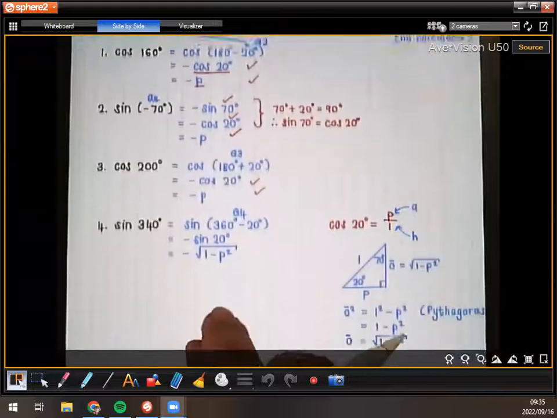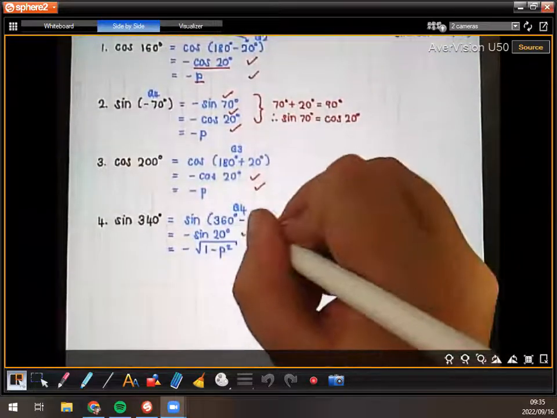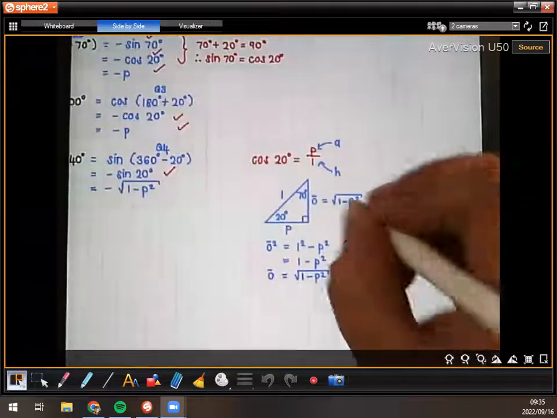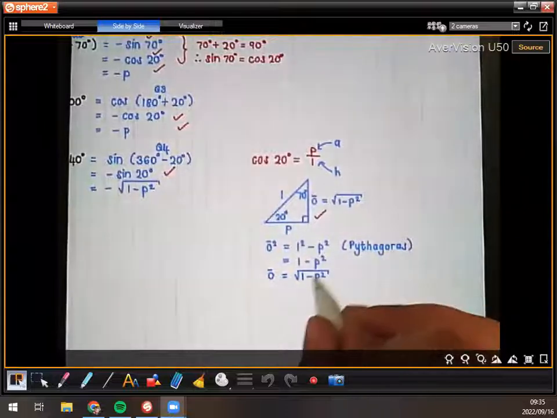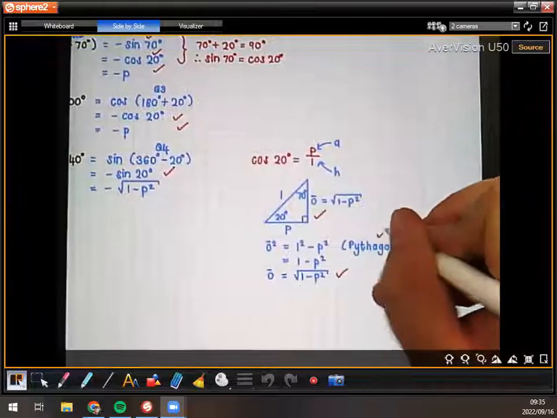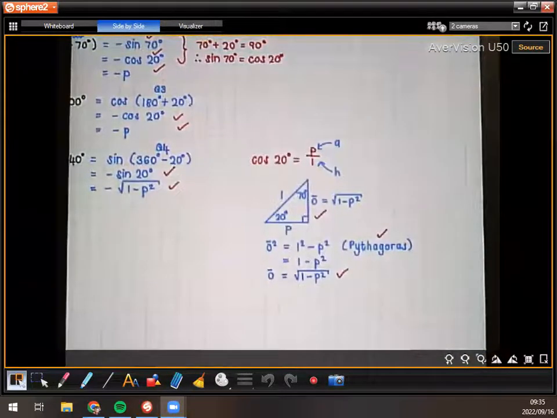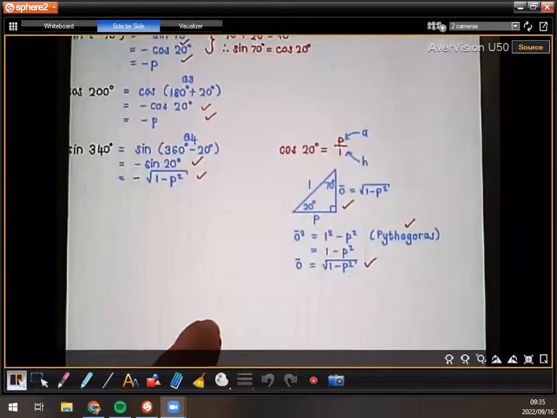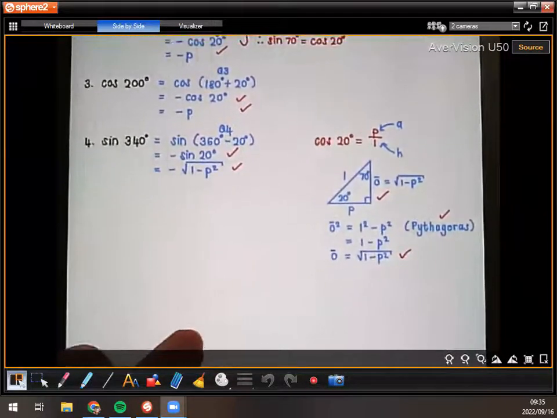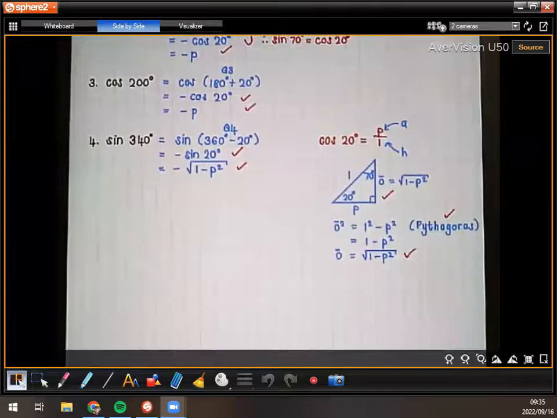Here, they're going to give you a mark for getting to negative sine 20, a mark for setting up your triangle, a mark for calculating this, a mark for Pythagoras, and a mark for that. So the last question here would be 5 marks, because it's the only question where you actually needed to draw a triangle. But guys, they're not going to tell you to draw a triangle. You're going to have to recognize that you need a triangle in order to find sine 20. They gave you cos 20, not that.